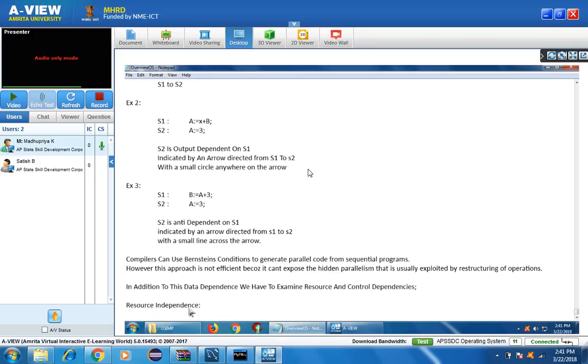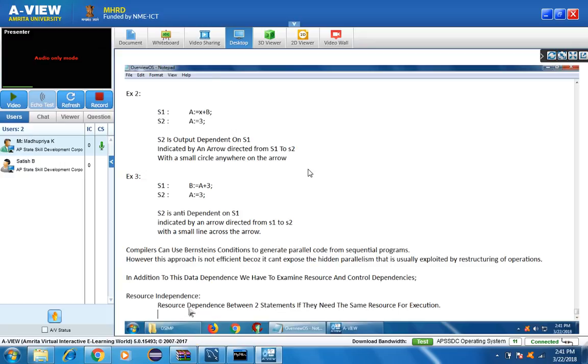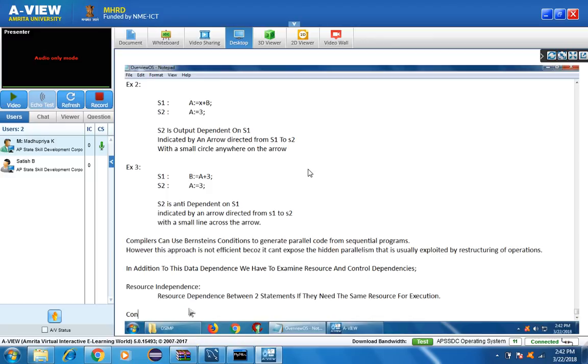First, we'll see what is resource dependence. Here you can say there is resource dependence between two statements if they need the same resource for execution. And one more is control dependence.